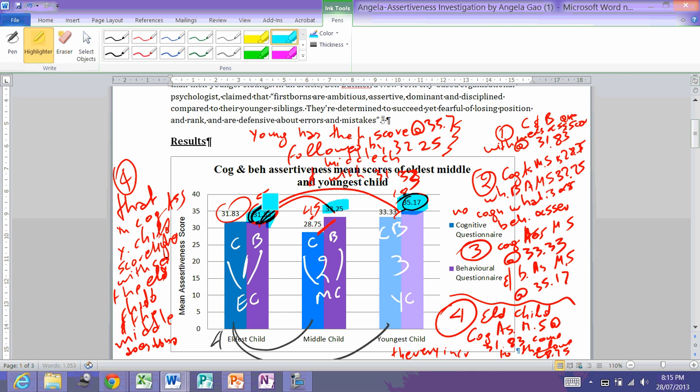So what does this data tell us overall? It tells us that in the sample we have analyzed, your hypothesis is not supported. You had this hypothesis because you read the literature. The literature said that the first child, the eldest child, is more assertive, but your hypothesis is not supported, probably because of the variations in the sample and the participants' characteristics.